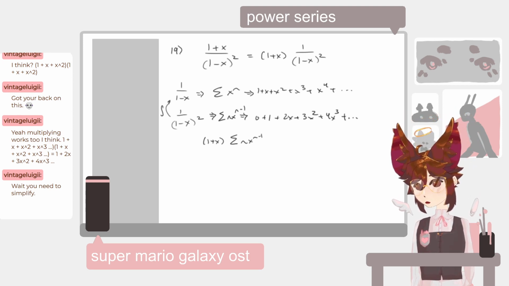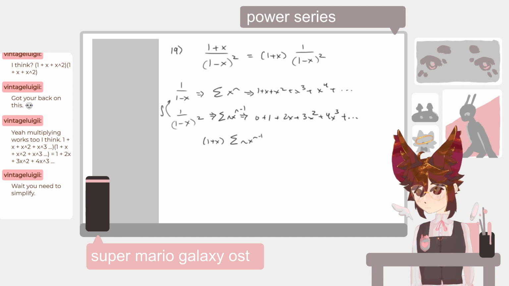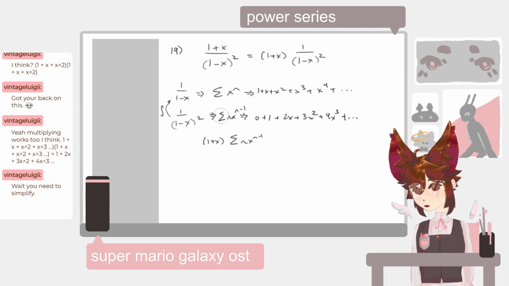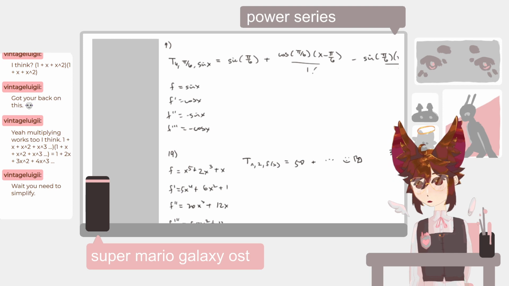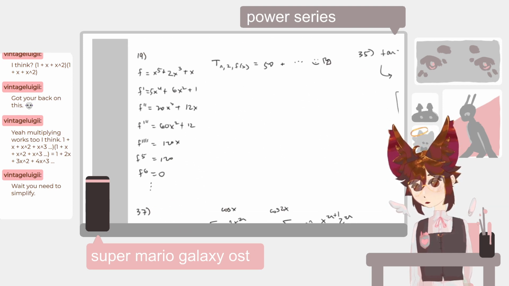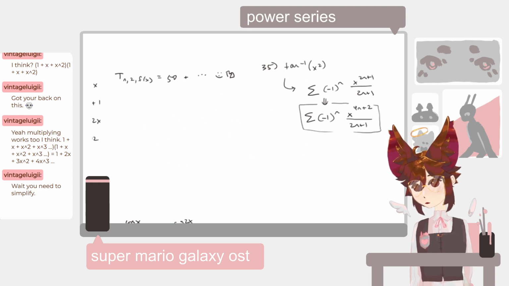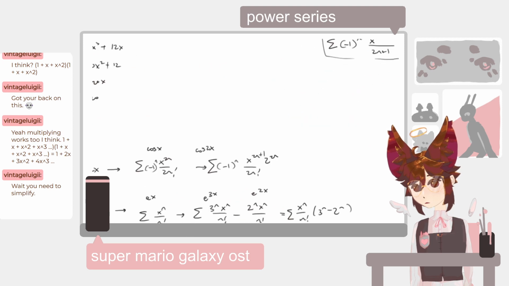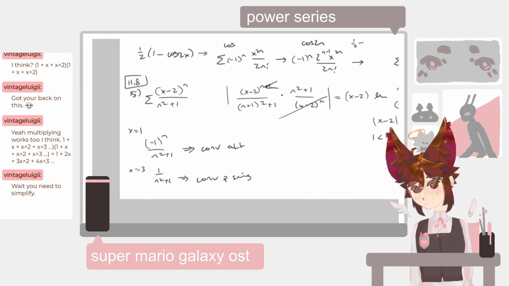This one is weird too, though. Because it's saying for 17, which is... Where's 17? I wrote it somewhere.